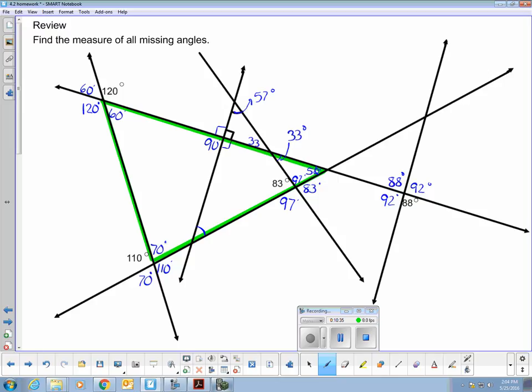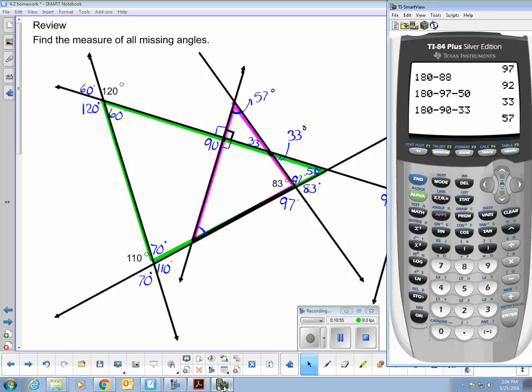And let me highlight the triangle that I'm looking at right now. So in this triangle, I'm missing one angle. So I can find that missing angle. One of the angles is 83 degrees. The other one is 57, which leaves me with 40 degrees.